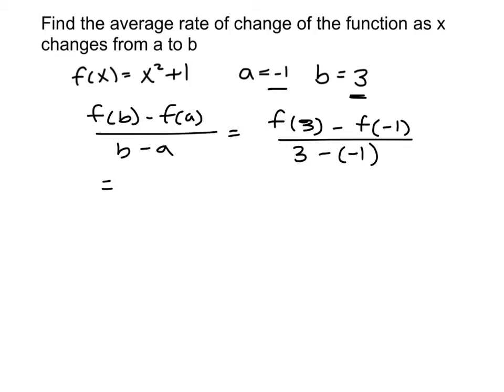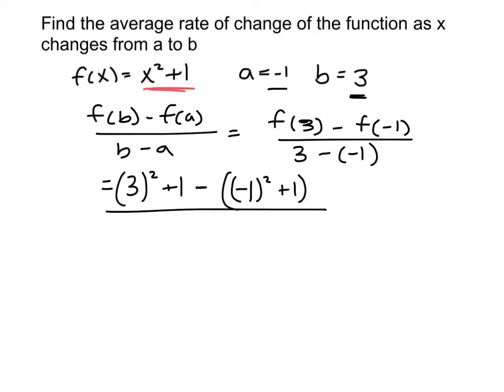For f(3), let's just plug in 3 into this equation. So I'll have 3 squared plus 1, minus, now let's plug -1 into the function, so I'll have (-1) squared plus 1, all that divided by 3 minus -1.